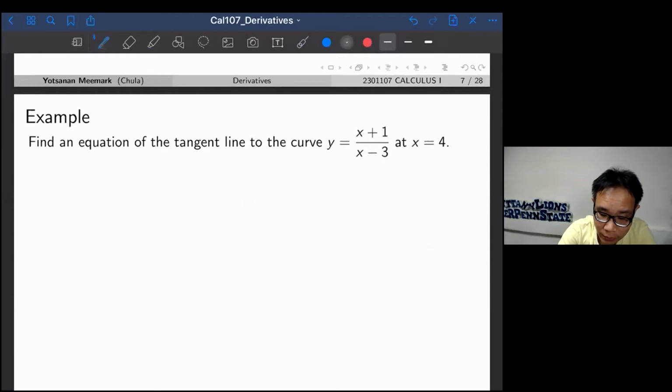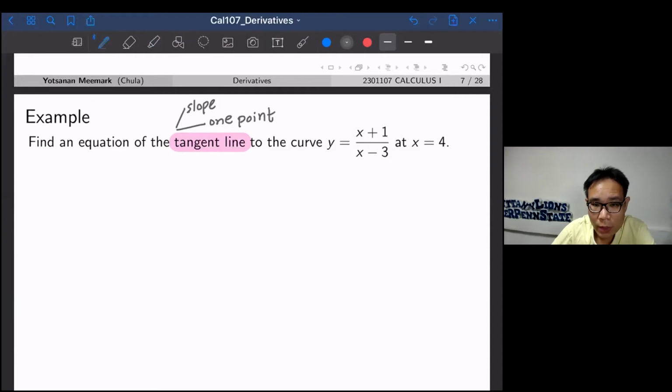So in order to find the tangent line, we shall need the slope and 1 point. The slope will be the derivative, and the 1 point will be a point on the curve. So it's going to be x equal to 4.